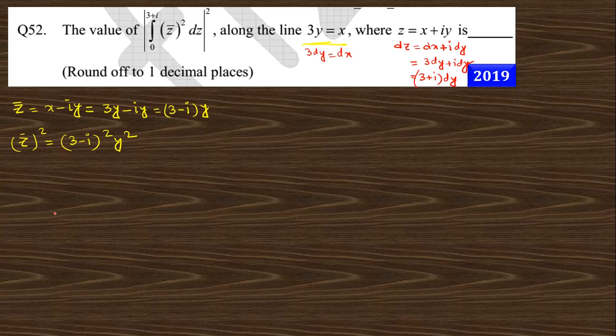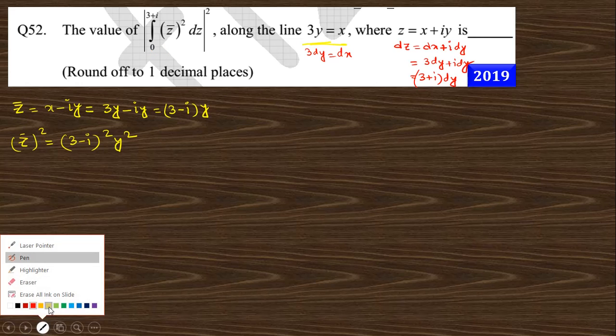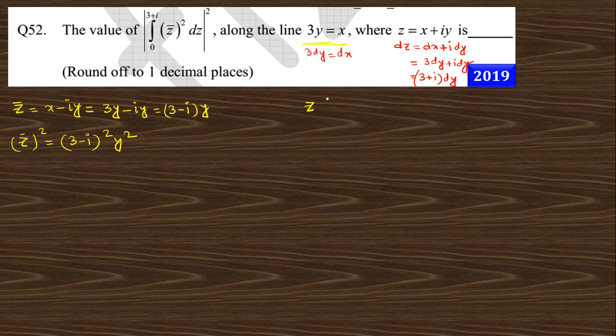Okay, now I want to find this integral value. Before that we need to change the limit from z to y. You can see the z value is 0 and 3 plus i, then the corresponding y value. You know z is x plus iy, and x is 3y, so 3y plus iy, that is 3 plus i into y. So if we put z equal to 0, then y is also 0.